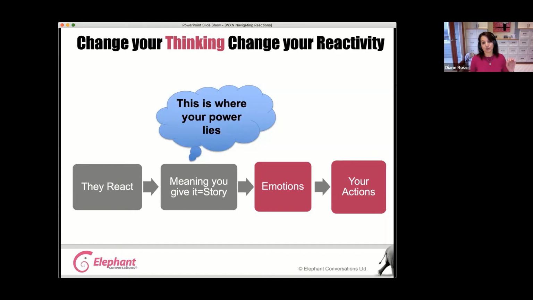I can have all sorts of things that I might call them, right, in my brain. Or I could say, okay, this is uncomfortable for this person to hear. Because they don't want to see themselves as being disrespectful or rude or whatever it might be.